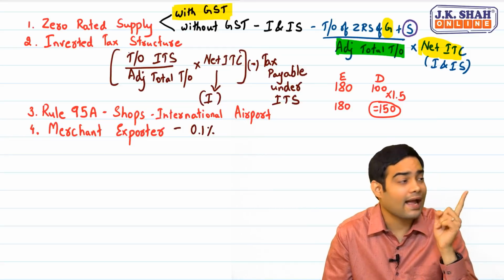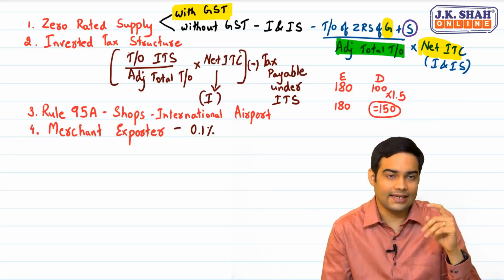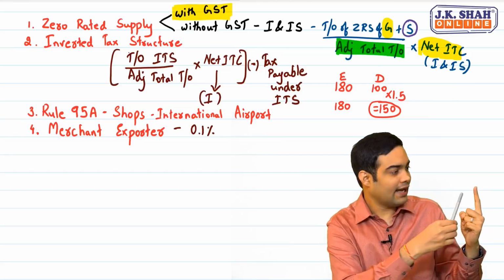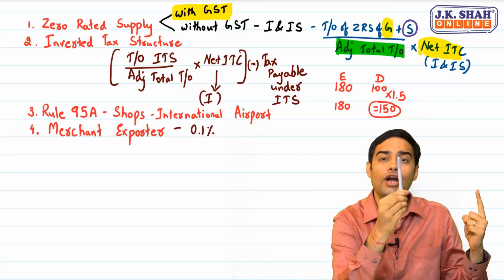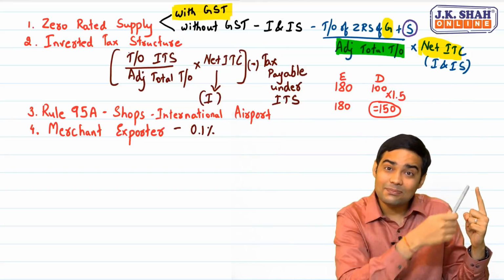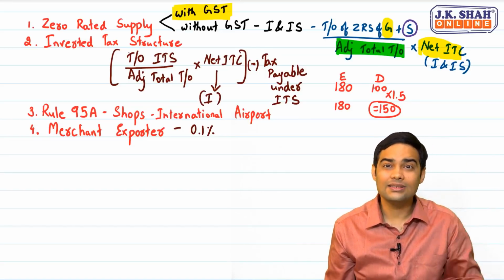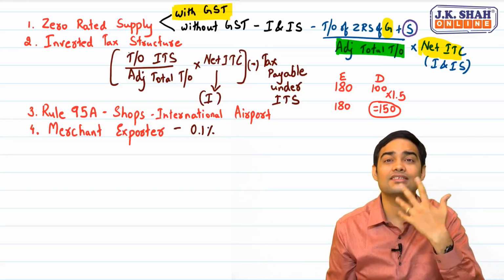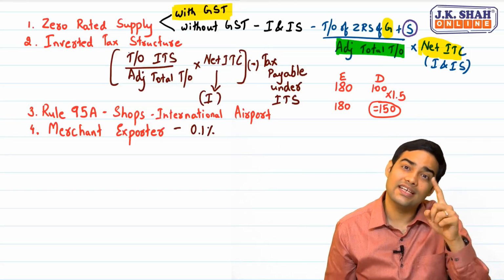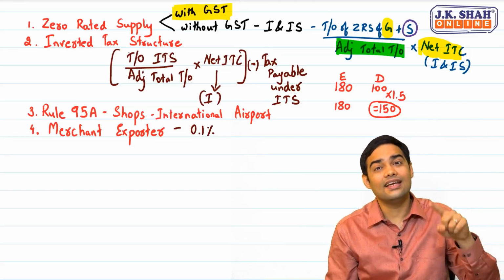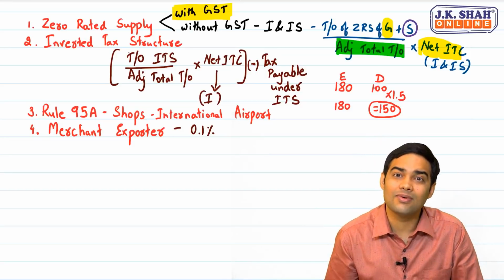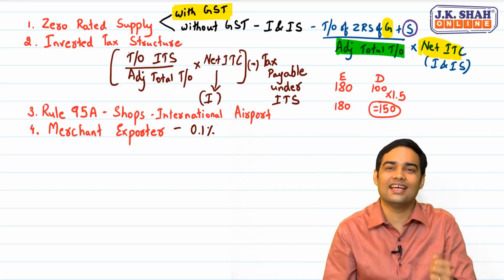Now think from the angle of manufacturer exporter. See, manufacturer exporter has supplied it to me at 0.1%. But on his purchases, he would have paid 18%, 12% on his purchases of raw materials, of various other products. In such cases, can the manufacturer claim refund? The answer is yes.